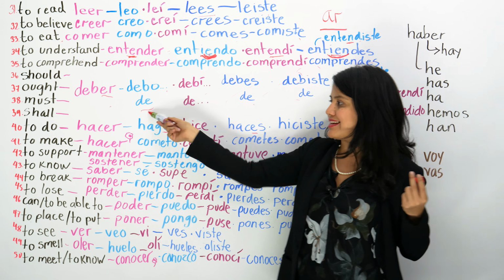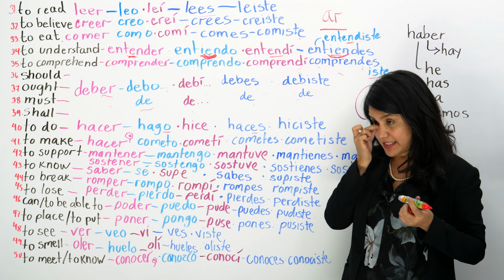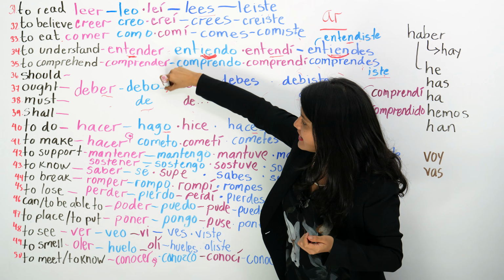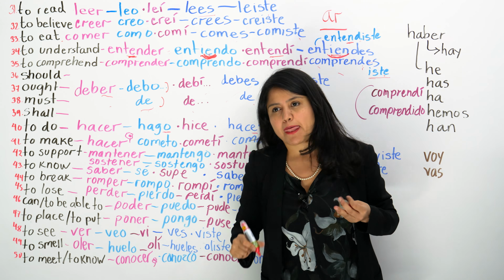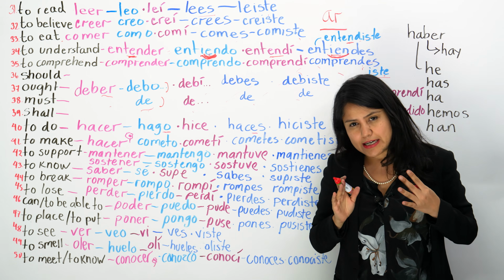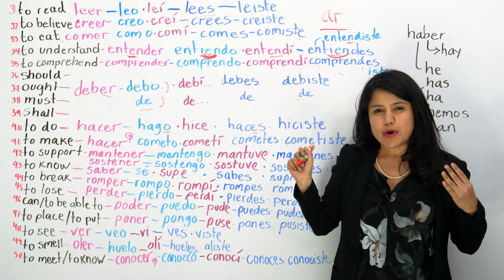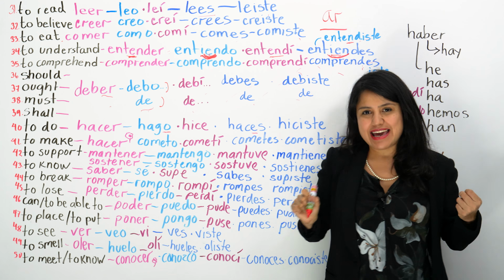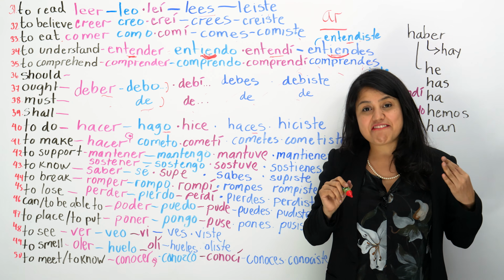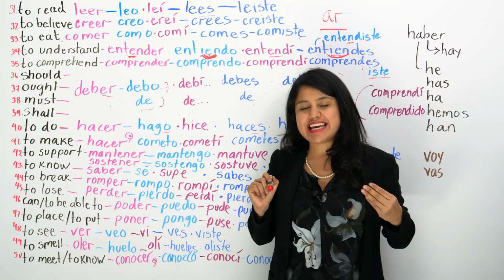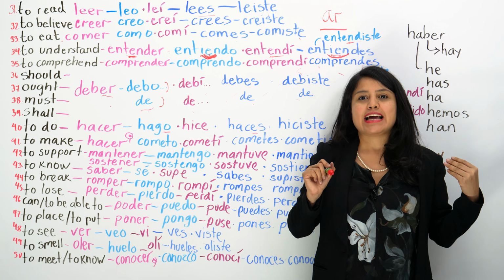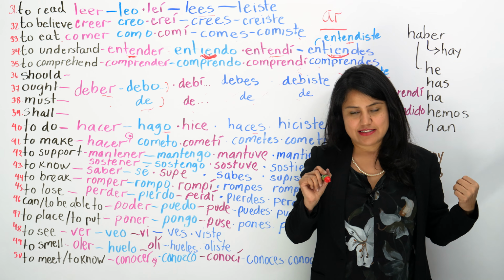Presente, pasado, presente, pasado. What is the difference between why did I write this and then de? Muy bien. A lot of you make a mistake with these words. When you say debe de, it's a fact. When you say debe, it's just a guess.